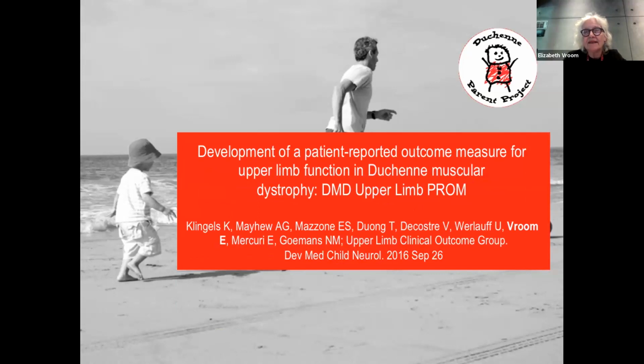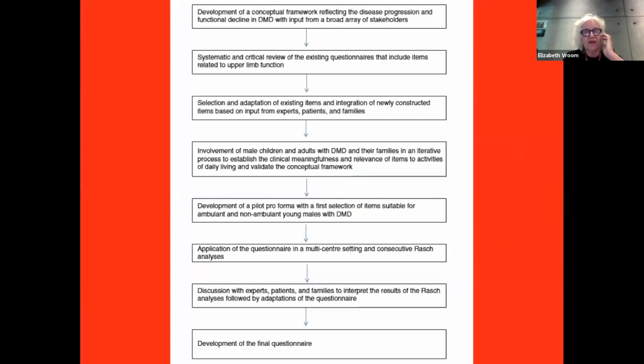So in that sense, I think the libraries which exist are of ultimate value. And really, if you can't find a PROM which fits your purpose, that is the moment to develop one yourself. Because just to have an idea, I won't read them all for you because this will be made available, but these are all the steps we had to take to develop this outcome measure.